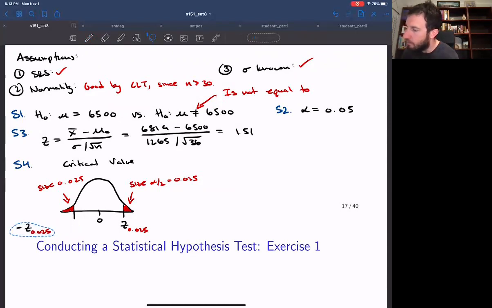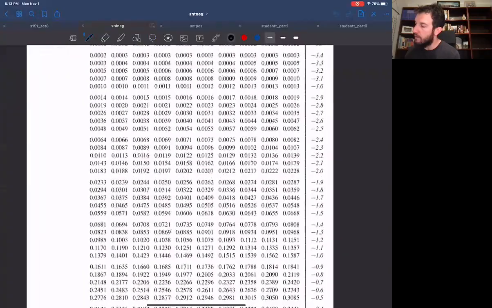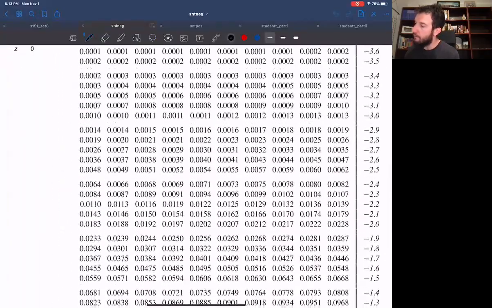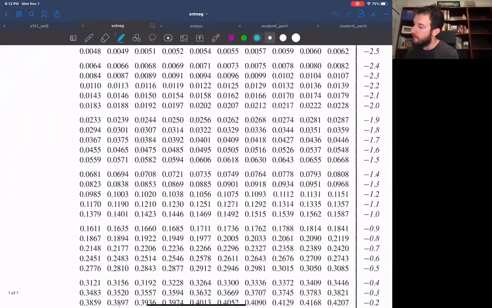All right. So what does that mean? It just means that all we have to do now is go to our normal table and figure out what z-score puts 0.025 in the upper tail, or what z-score puts 0.025 in the lower tail. If we want to use the normal table, we can just go to the negative side. We look for 0.025 inside the table.